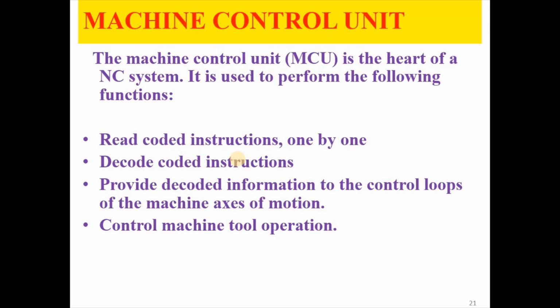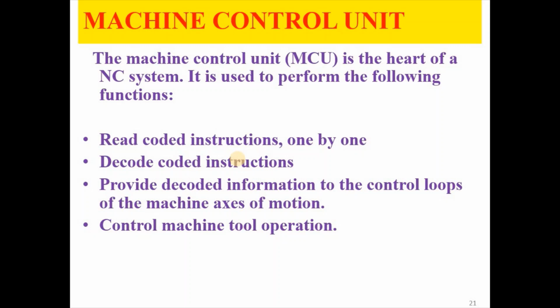It is used to read the coded instructions, whatever part program is provided as input to the machine. After that input, the machine control unit's first work is to read the given coded instructions one by one and decode them for the manufacturing process, and provide the decoded information to the control loops of the machine axes of motion.